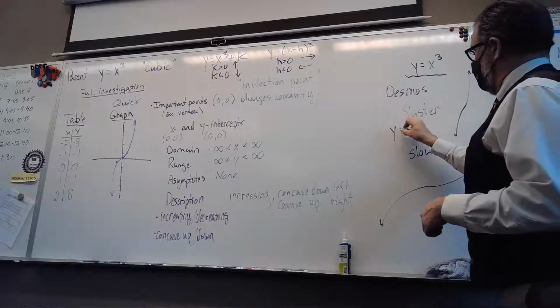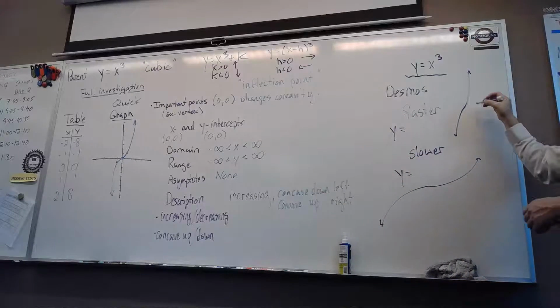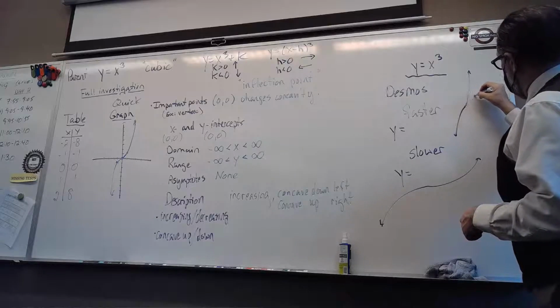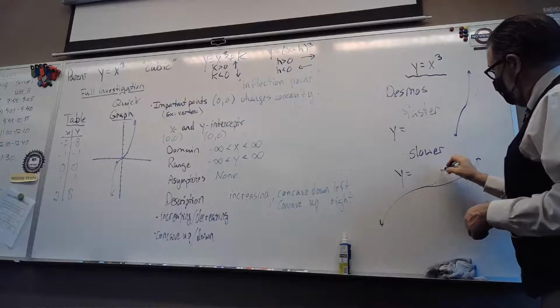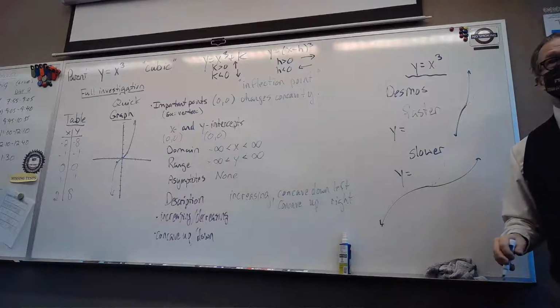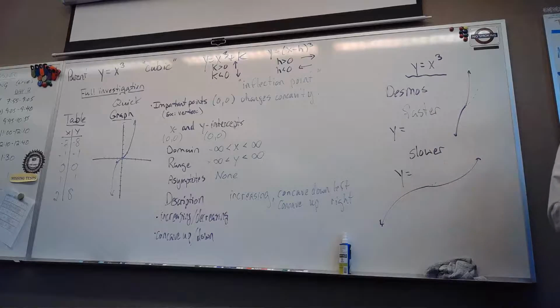What do I do to my equation to make it go up faster or to go up slower? Here's my normal graph right here. It looks like this. What can I do to my equation to make it go up faster? And what could I do to my equation to make it go up slower? Quickly, because we're running out of time.